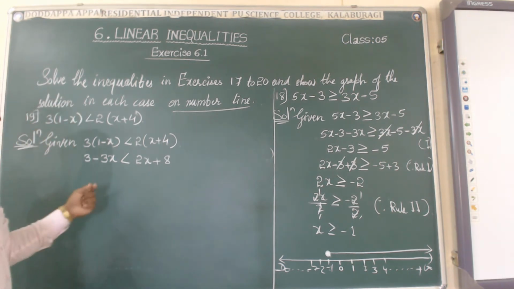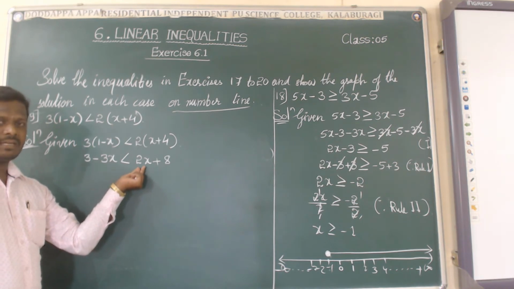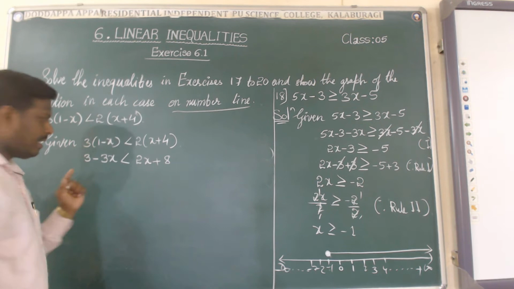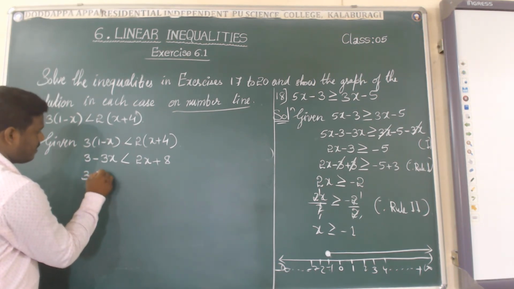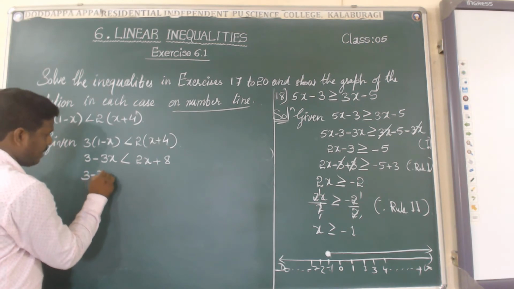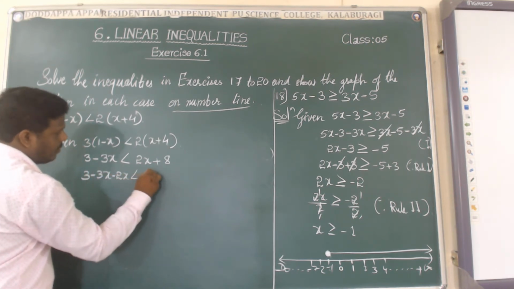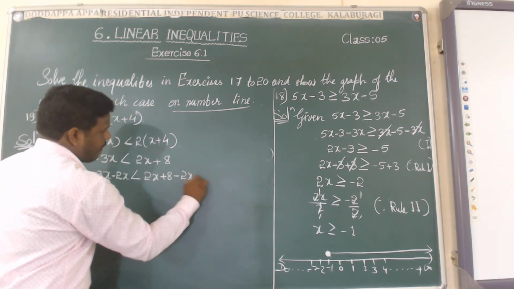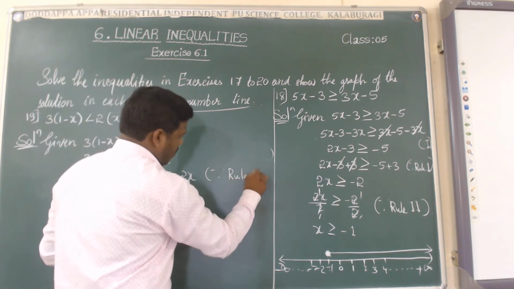In the next step, I want to remove this plus 2x from the RHS. So what we do here, we have to subtract both sides by 2x. Yes, now subtract. 3 minus 3x minus 2x, less than 2x plus 8 minus 2x, from rule 1.